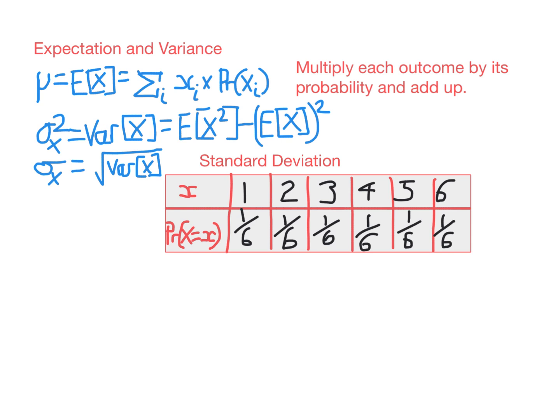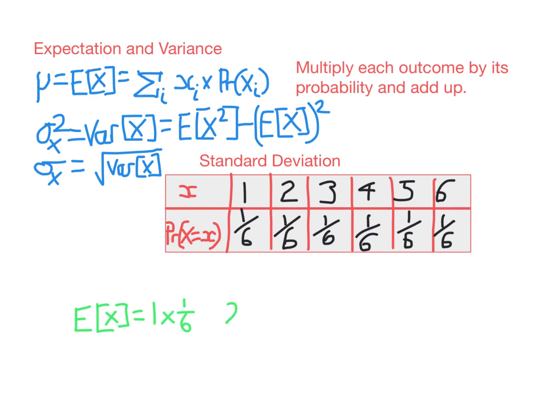So if I wanted to calculate the mean or expected value of our random variable from the previous slide, all I do is take each individual score, multiply by its probability. I start with 1 and I times it by its probability.